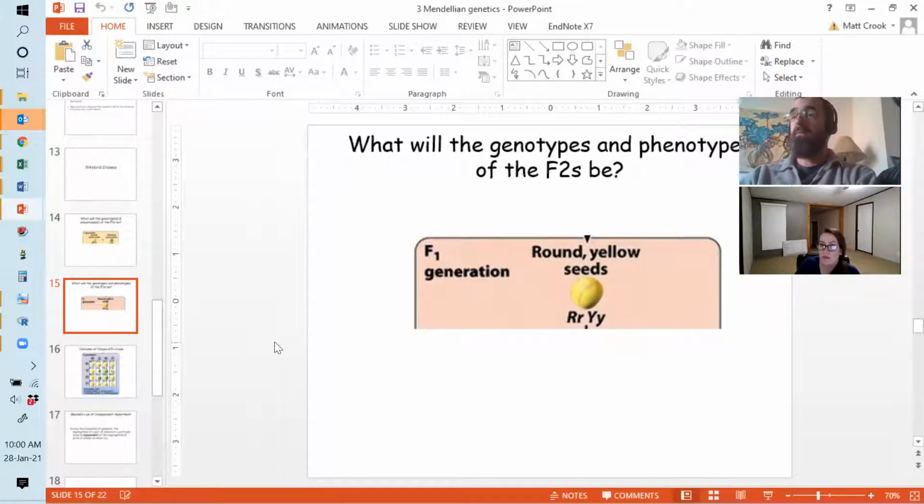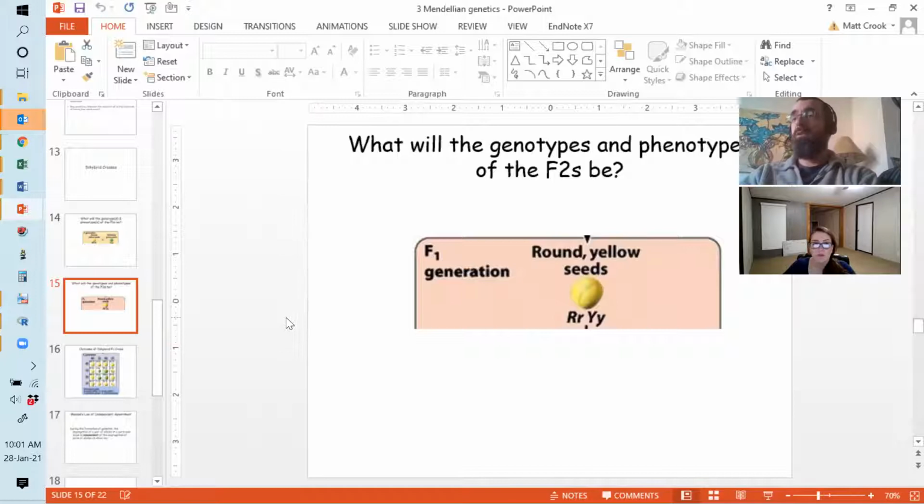I'll call it something else, right? So if I've given you a cross and I don't say this is a dihybrid cross, it isn't. It's something else. So remember, these assumptions apply only to a monohybrid or dihybrid cross. This particular format is only monohybrid or dihybrid cross.